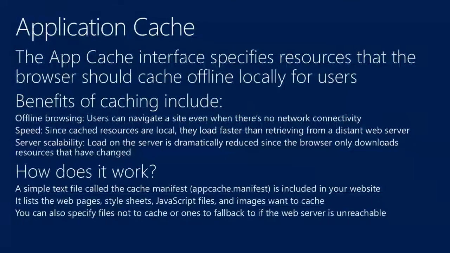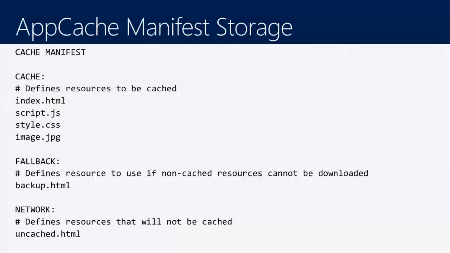So it's just a simple text file, this manifest, that you put on your website with your pages, and then you just list them all out, and there's also a way to specify things that you don't want to pull down. So let's look at this. This is how Forrest Gump simple this is. Cache manifest. So there in the CACHE section, you list the pages and files and resources that you want to download and cache locally.